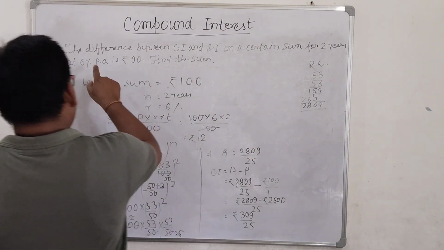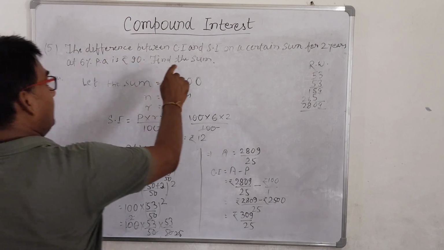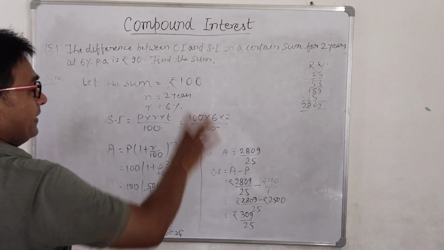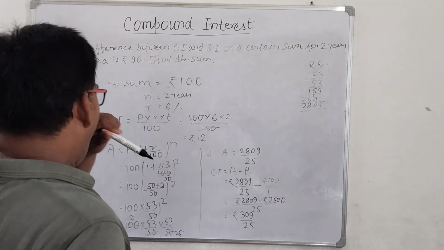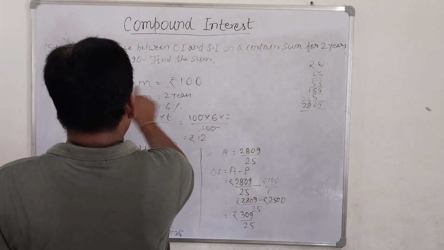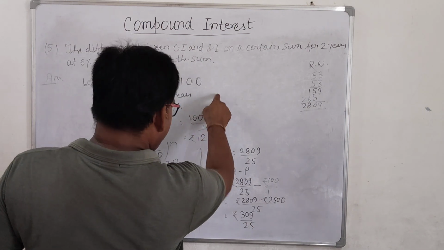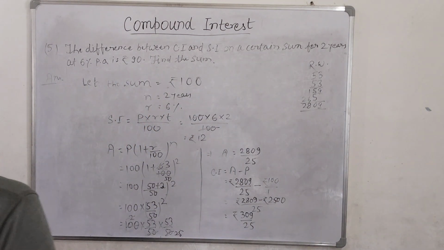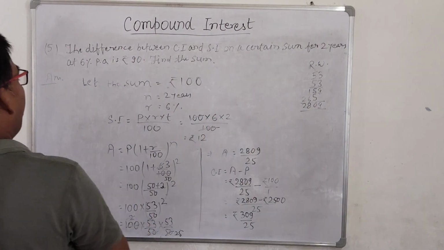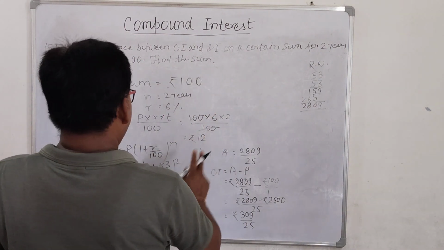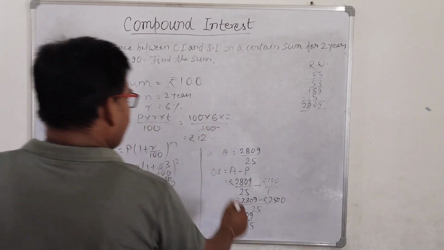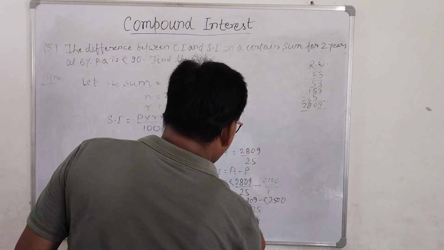And the question here is the difference between CI and SI on a certain sum, and the certain sum is not given here. So we will let the sum be rupees 100. On this sum, on this principal, the SI is rupees 12 and the CI is rupees 309 upon 25.